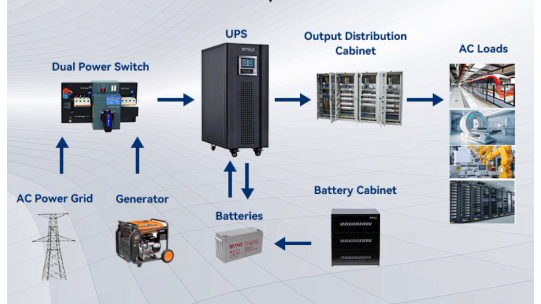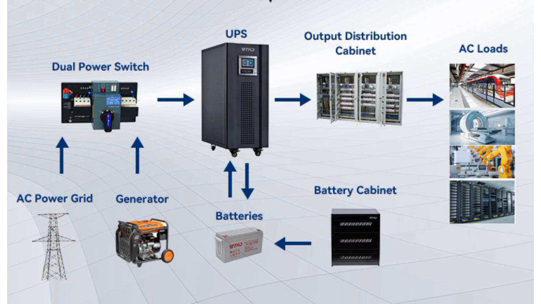Historically, UPS systems relied on VRLA, valve-regulated lead-acid, batteries. Today, high-density facilities increasingly use lithium-ion batteries because they offer higher energy density, reduced footprint, longer lifespan, and lower maintenance requirements.